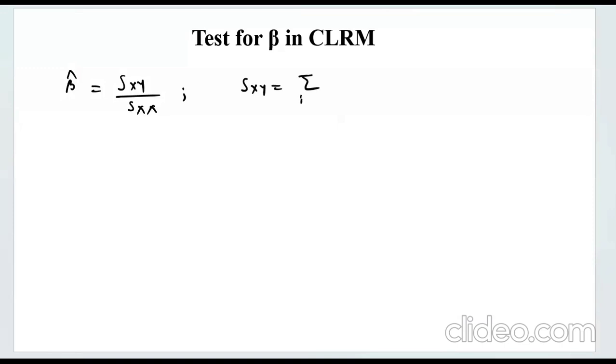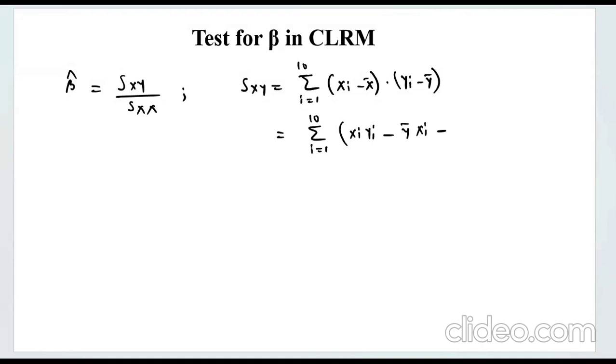Sxy is simply the summation i from 1 to 10, the sample size is 10, right, of (xi minus x bar)(yi minus y bar). This is the definition. Then you can simplify it. If you multiply out, you have xi yi, then y bar xi, then x bar yi, and then x bar y bar.